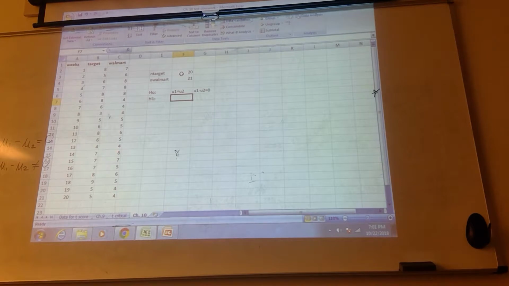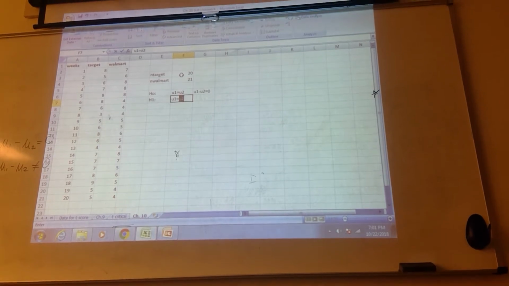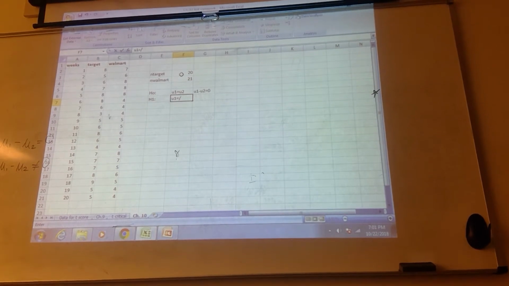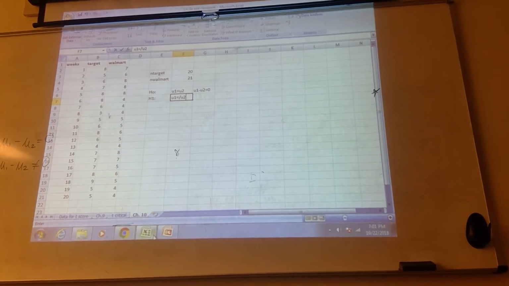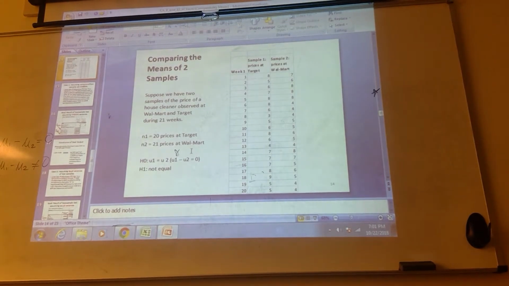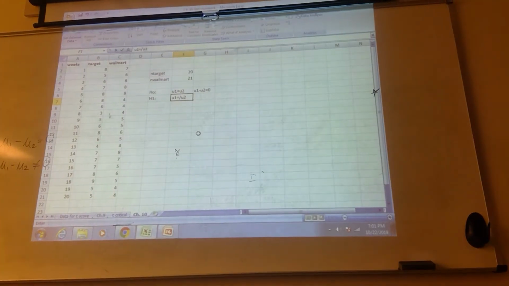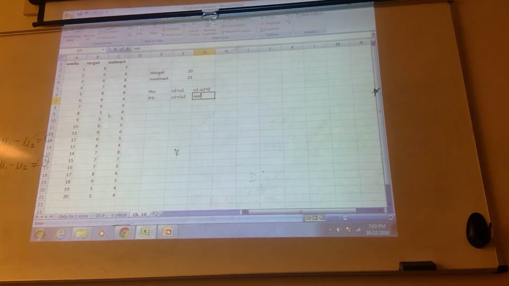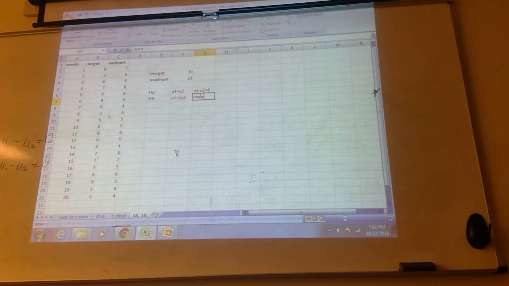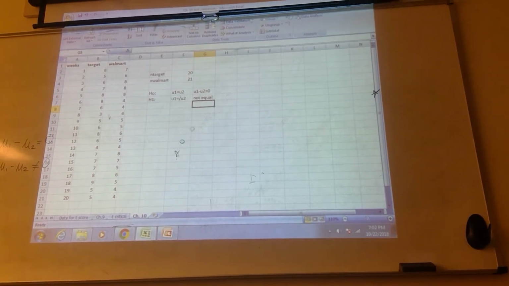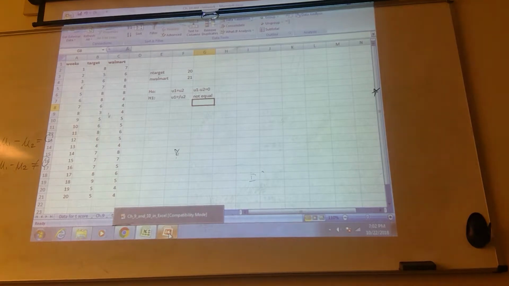H1 is equal to U1 not equal to U2, right? That's our null hypothesis. Okay, or you could just write not equal. That makes sense. Okay. All right.